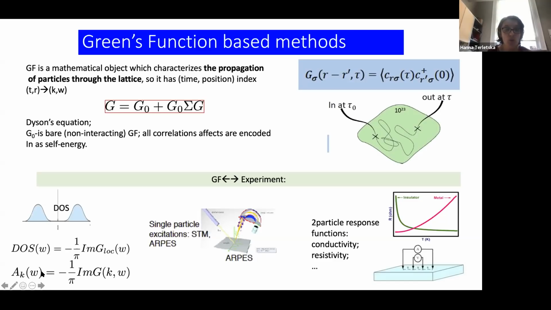We can also calculate the momentum-resolved spectral function, which is minus 1 over pi times the imaginary part of the momentum-resolved Green's function, and this can be measured by ARPES, for example. One can also calculate using the Green's function method some response functions like conductivity or resistivity and compare this with the experiment.